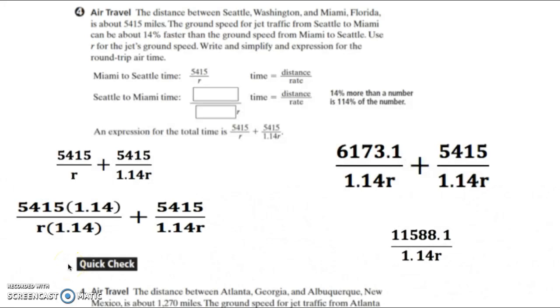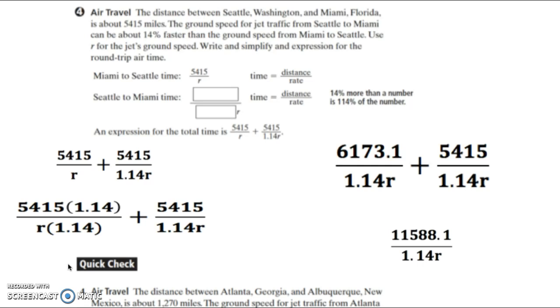So here we are looking at an air travel problem. If you read the problem, you're told that you can go faster from Miami to Seattle, about 14% faster than you could with the reverse. So if you look at our problem, we know that the trip is 5,415 miles, and we're going to let R be our rate.